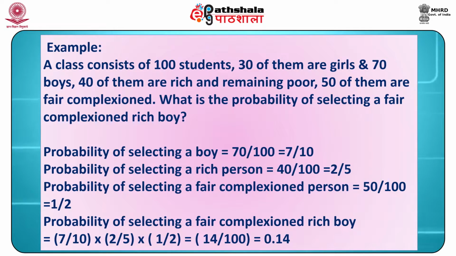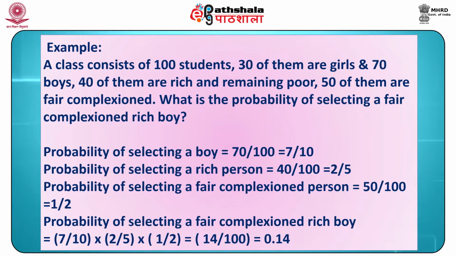For example, a class consists of 100 students, 30 of them are girls and 70 boys, 40 of them are rich and the remaining poor, and 50 of them are fair complexioned. So, what is the probability of selecting a fair complexioned rich boy? The probability of selecting a boy is equal to 70 divided by 100, which is 7 by 10.